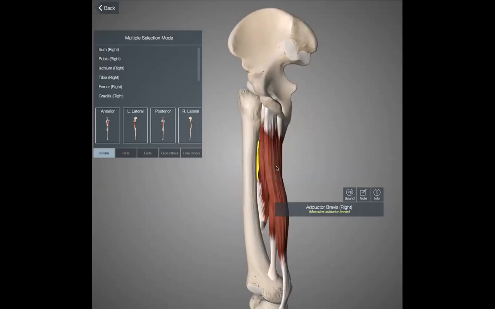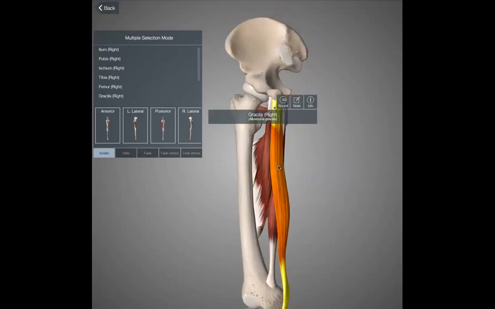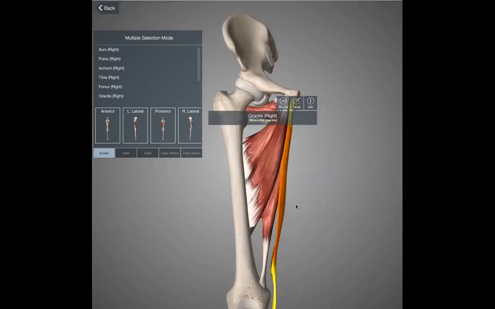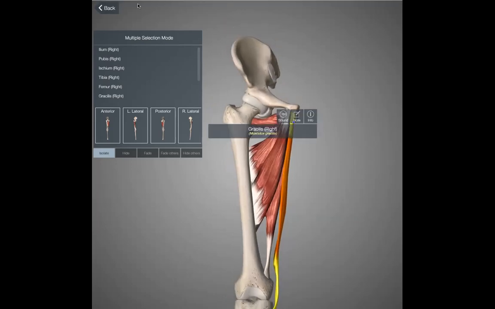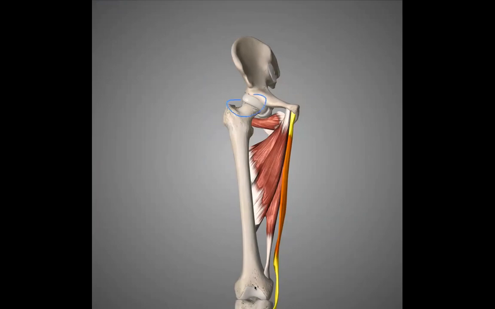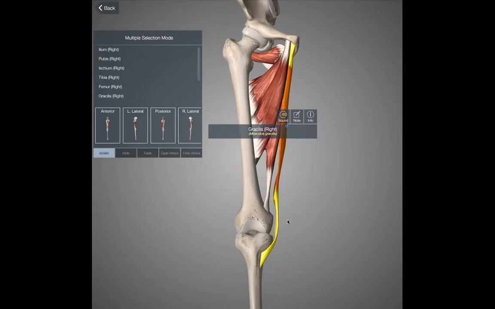Finally, the longest one is the gracilis. The gracilis is the most superficial and the most medial. It passes across both the hip joint and the knee joint. It's very long, okay? But the sartorius is longer than this one.